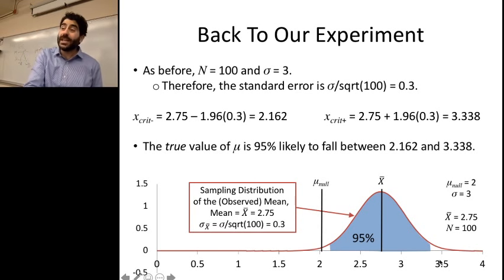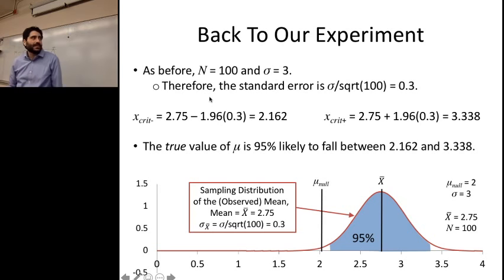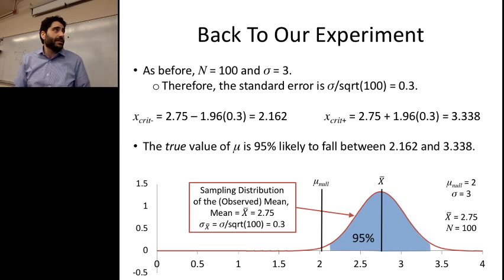So if we wanted a 99% confidence interval, we'd have to make this number bigger. I don't actually know what it is off the top of my head. It's probably like 2 point something, maybe a z of something like 2.5 or so, so that 99% of the area of the normal is between plus or minus that z-score.